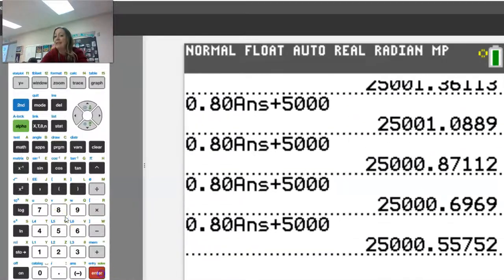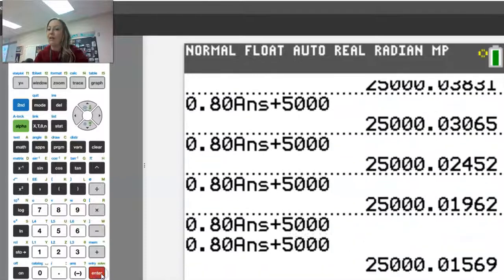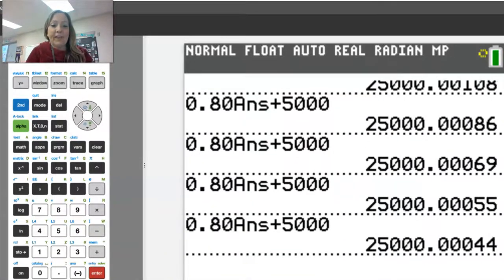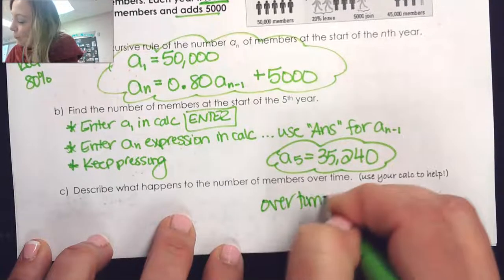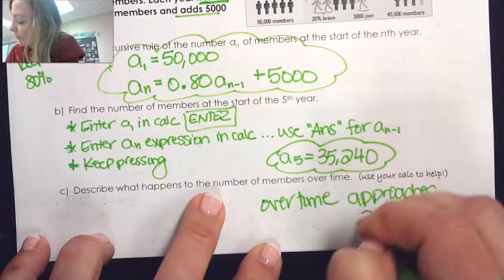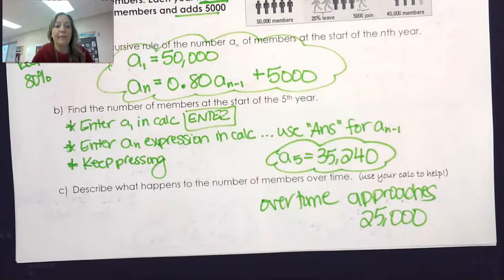Do you guys see that as I keep pressing enter I get close to 25,000? So over time it approaches 25,000. Okay. If you need a calculator to take home, let me know.